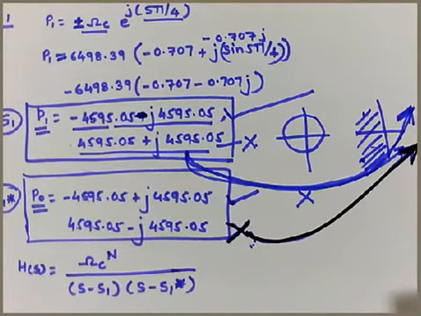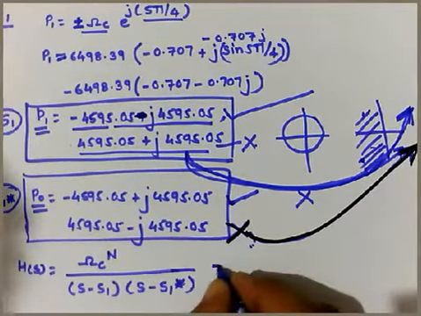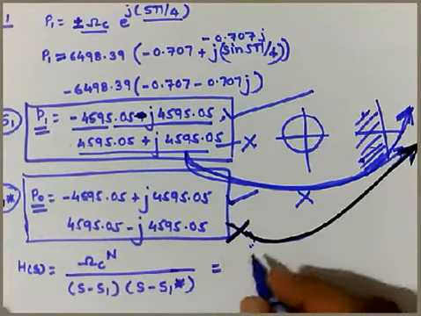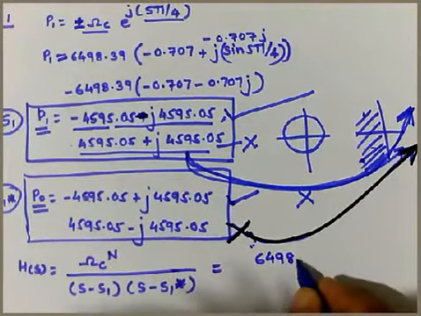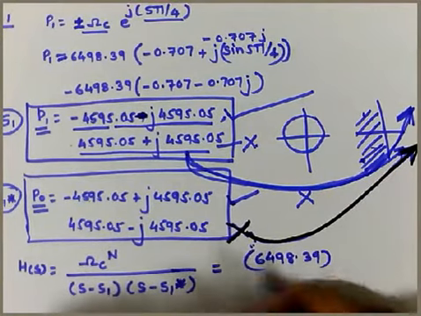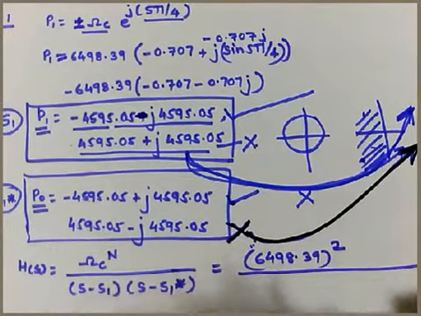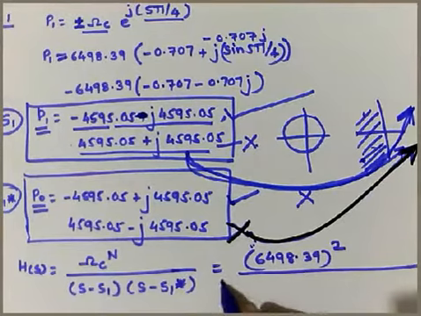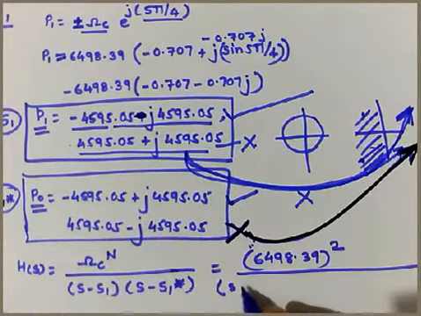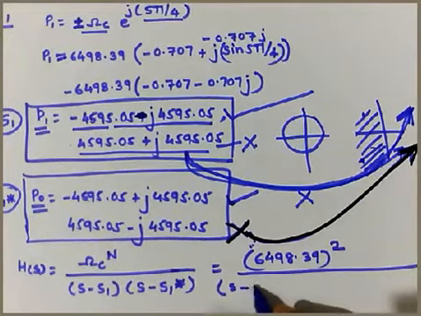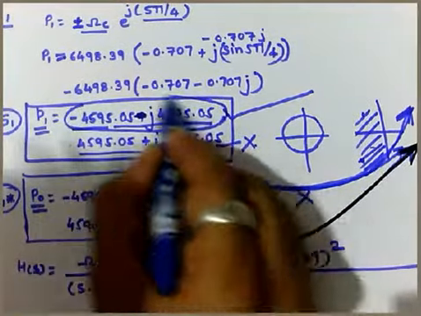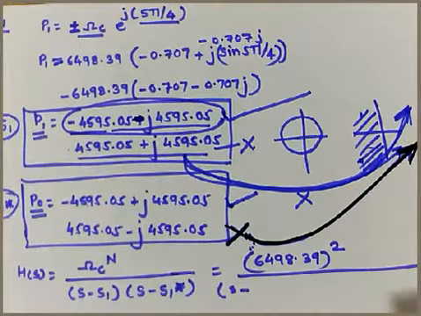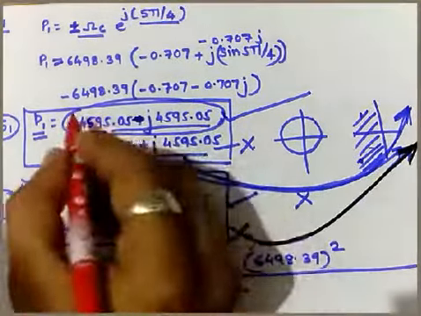Now once we got this, just put the values. Omega c is what we calculated, that is 6498.39, its square because the order of the filter is 2. Now S minus S1, so let's assume that this is S1.